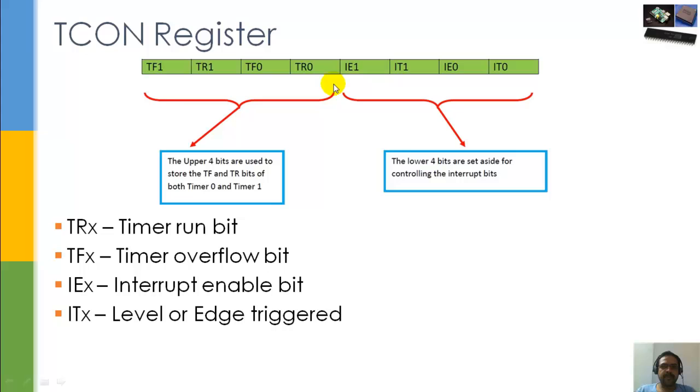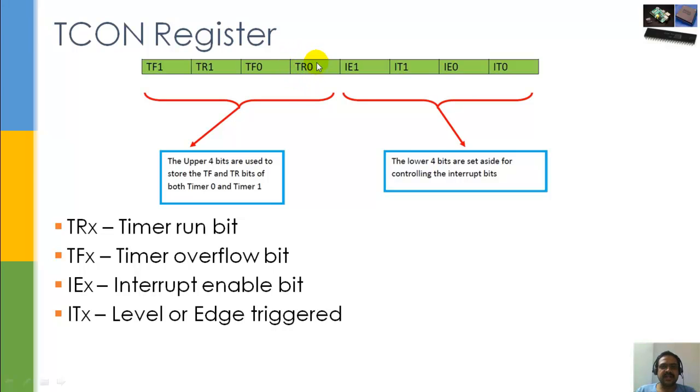So if you take the upper 4 bits, if you look at bit number 5 and 6, I'm starting from 0, they are TR0, TF0. So TR0 is associated with timer 0, TF0 is associated with timer 0. TR bit, the timer begins to count, or the timer begins to work like a clock only when this TR bit is set to 1.